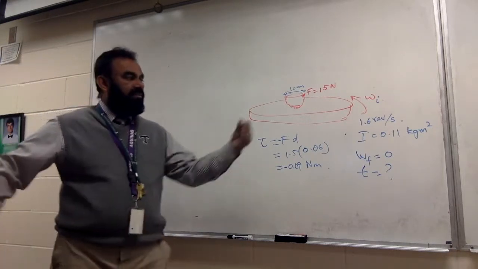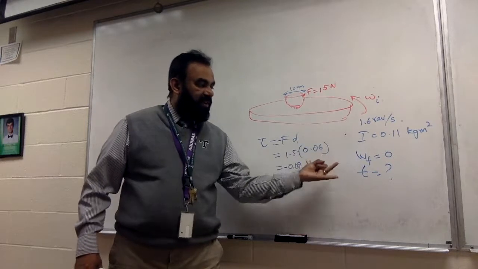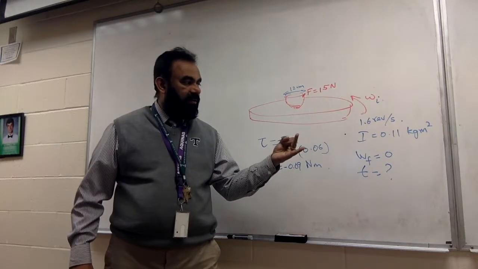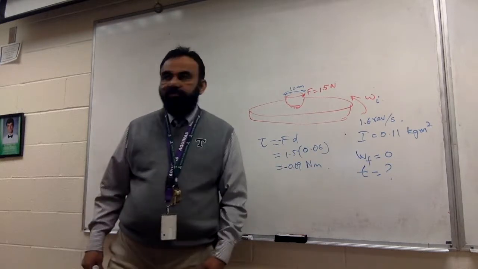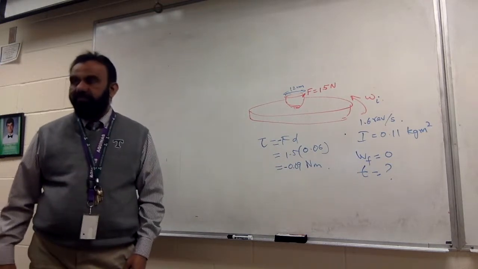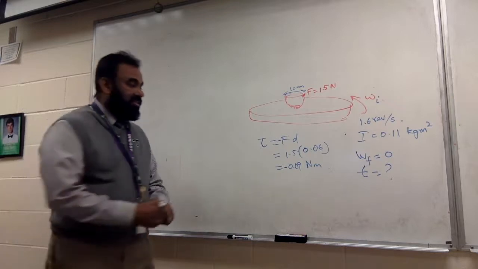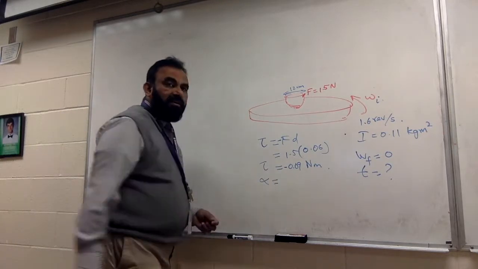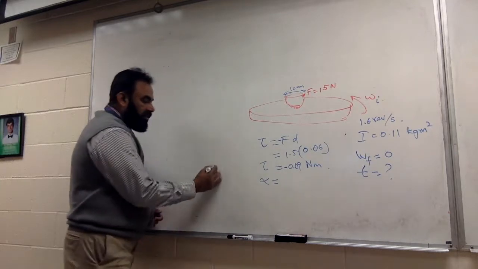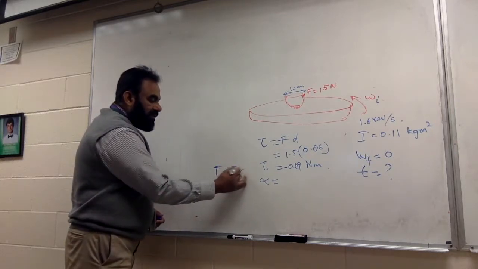So you have omega initial, you have omega final, you need the time, you need one more thing. What can you get from the torque? Angular acceleration. Once you have the torque, you can find alpha using the equation torque equals I alpha.